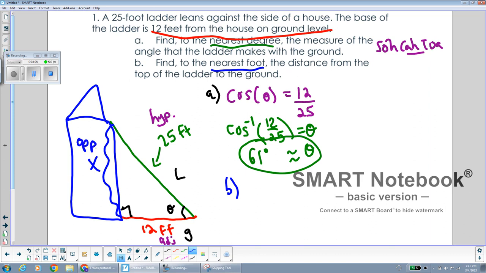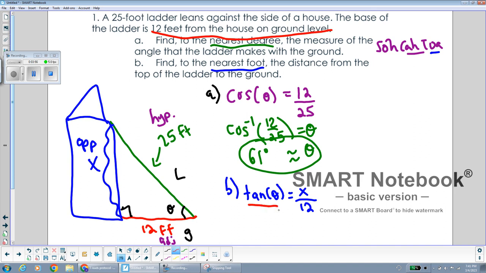So we are looking for a trig ratio that uses opposite and adjacent or opposite and hypotenuse. Either one would work. I'll use opposite and adjacent. So that would be tangent. So tangent of our focus angle is equal to opposite, x, over adjacent, 12.